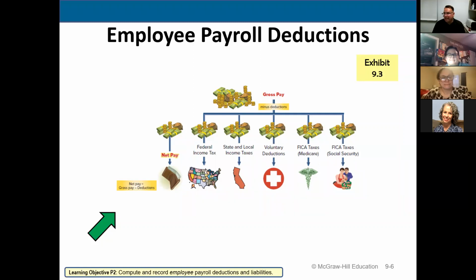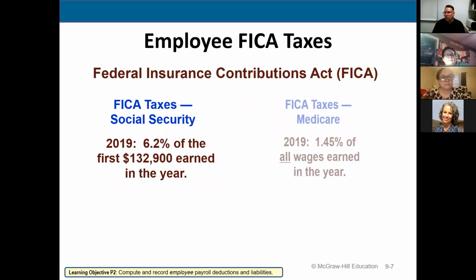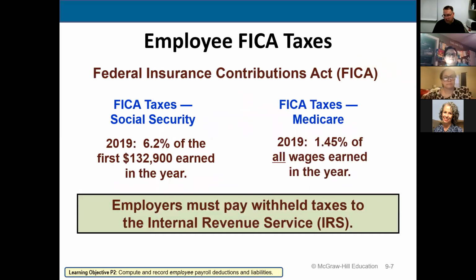So anyway, we have our gross pay minus deductions, and that will equal the net pay, or the amount we're actually paying to the employee. Social Security taxes as of 2019, when this was made, I think it's still the same right now, 6.2%.